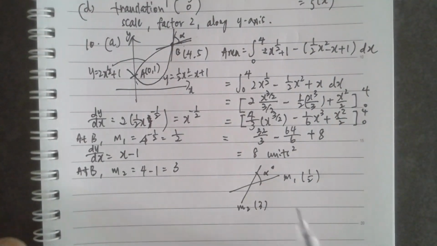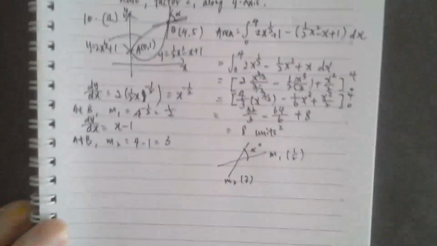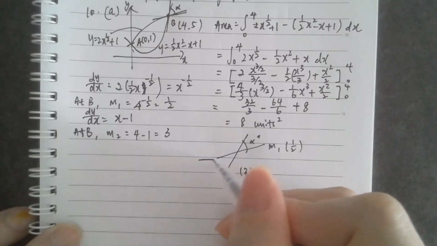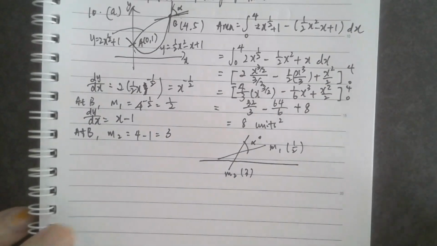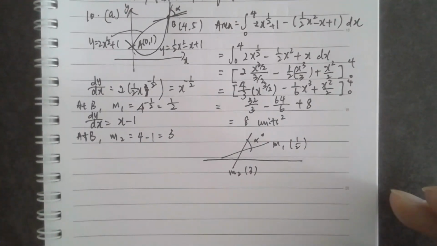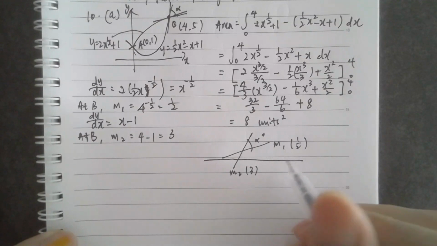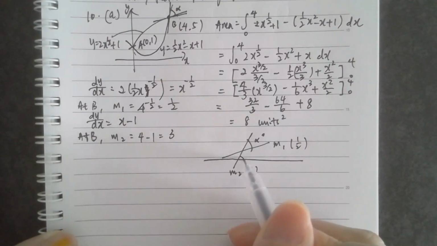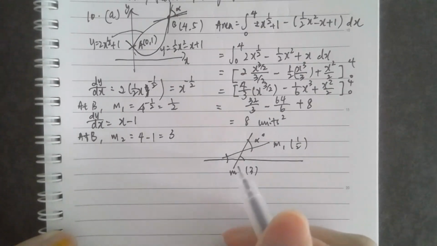To find the angle alpha, we can use a strategy of using gradients with the horizontal. We can use the strategy of finding the angle made with the horizontal. So M2 is this angle, M1 is this angle, so the difference is the angle in between.